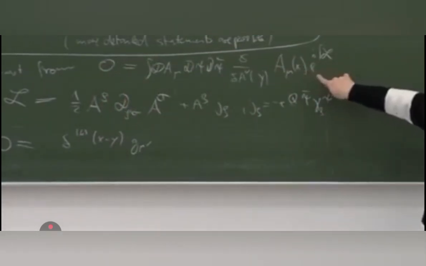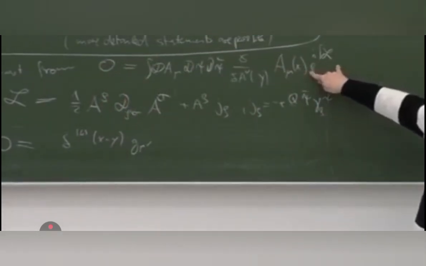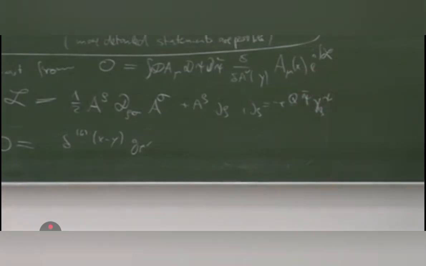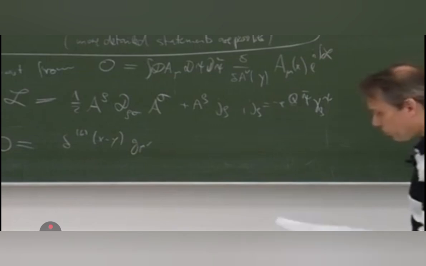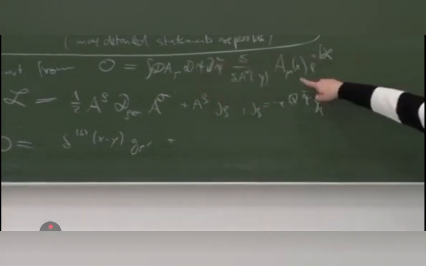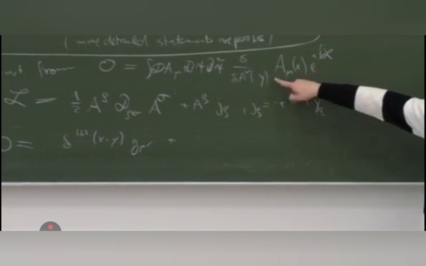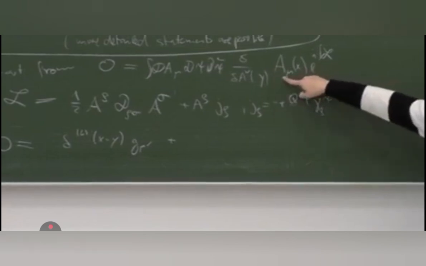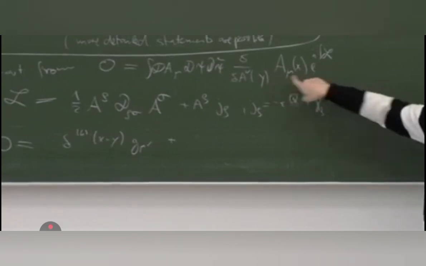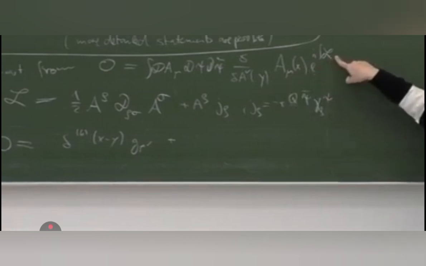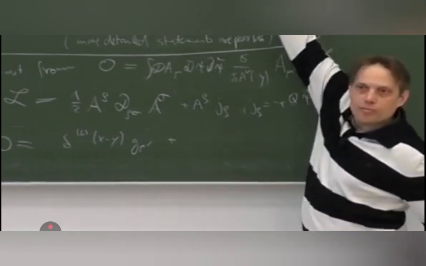And then we get the path integral over just e to the i times the action, which gives a normalization factor, and I will immediately drop this normalization factor from the equation. Then the second term gives us the following, namely A_mu times the functional derivative of e to the i times the action, which gives e to the i times the action times the inner derivative, which is this equation of motion for A_mu.